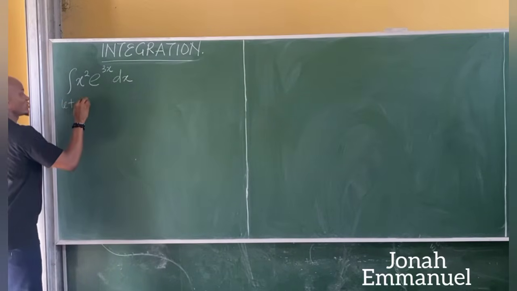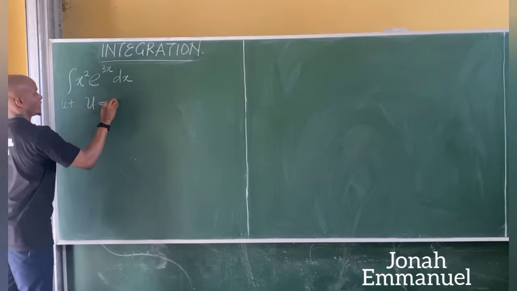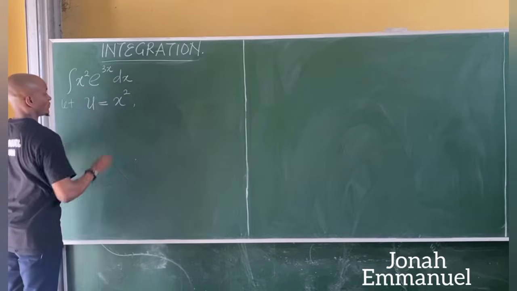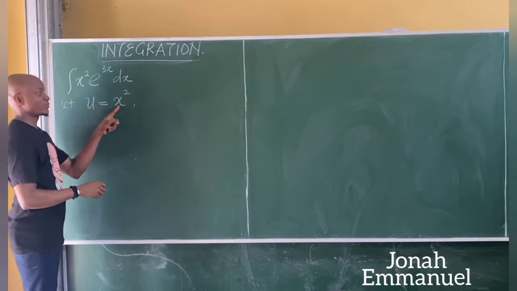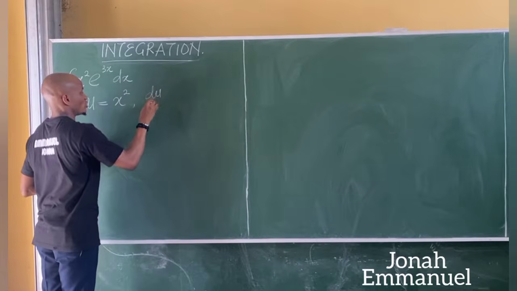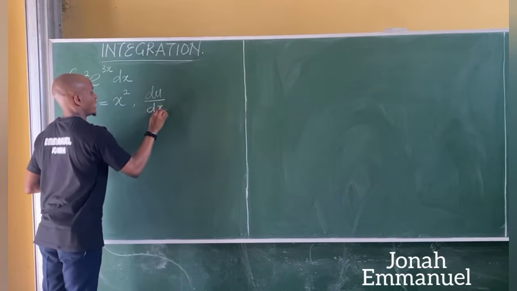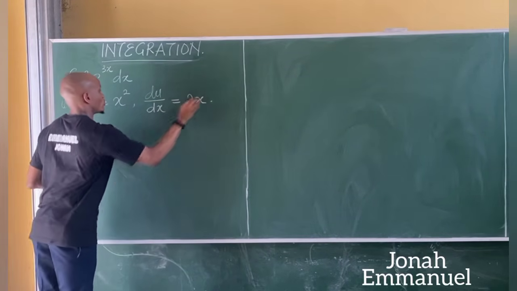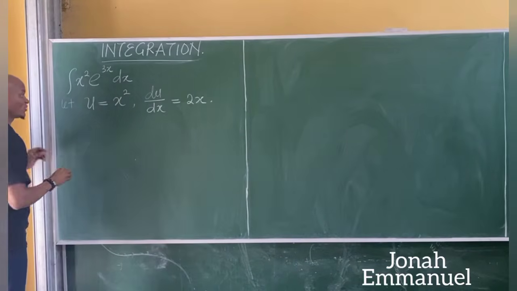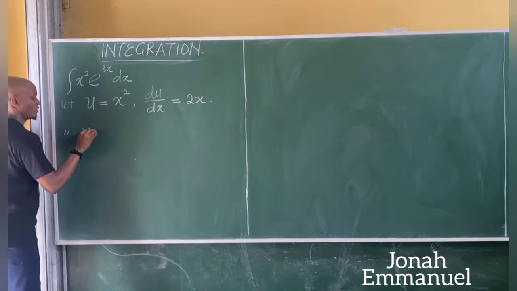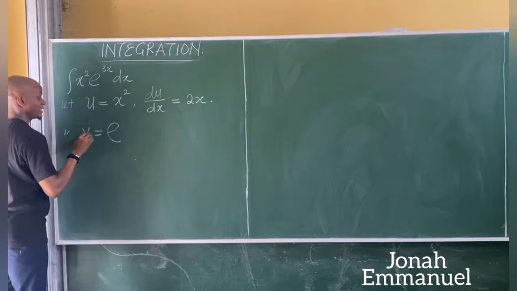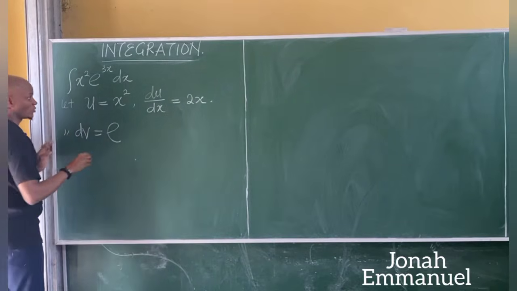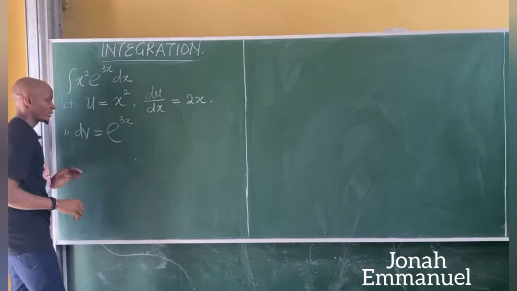Alright, so for this now, I'll call this u. So let u be equal to what I have here, x squared. Differentiate u with respect to x, I'll get that du all over dx is equal to 2x. Next up, I will say let v be equal to exponential 3x.